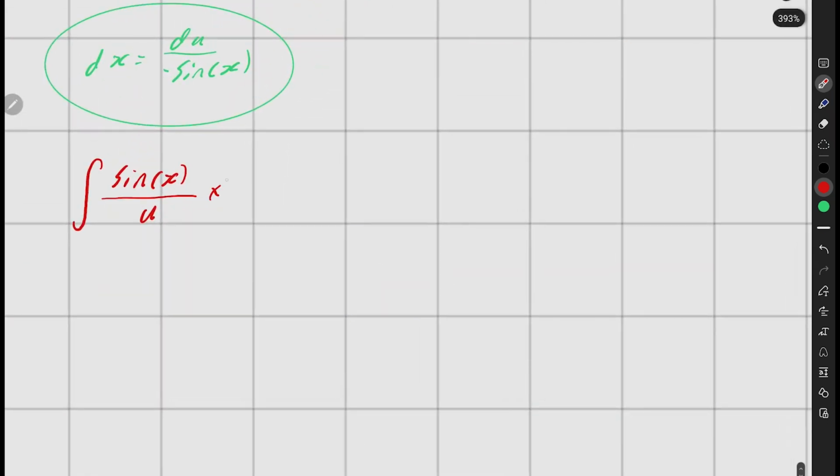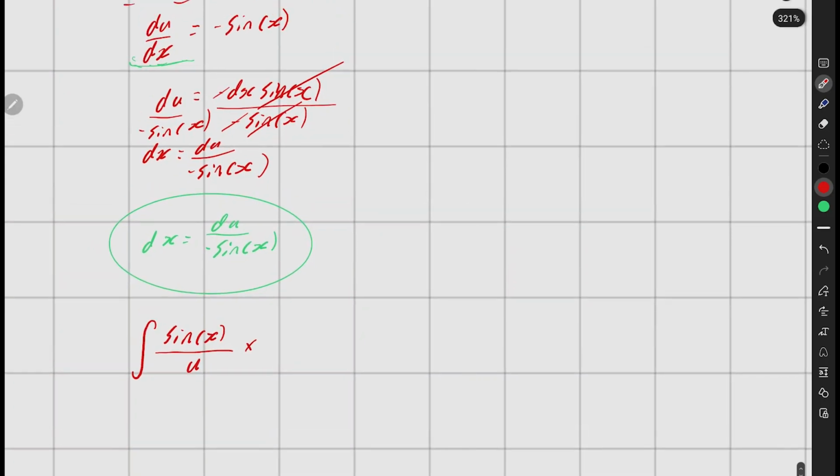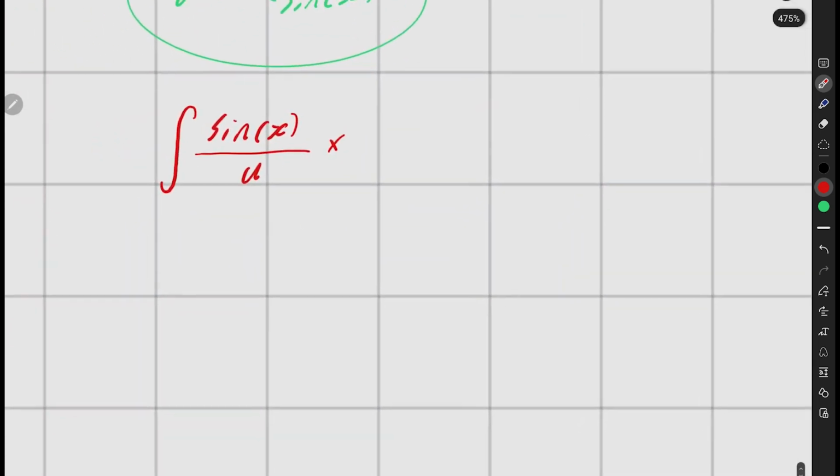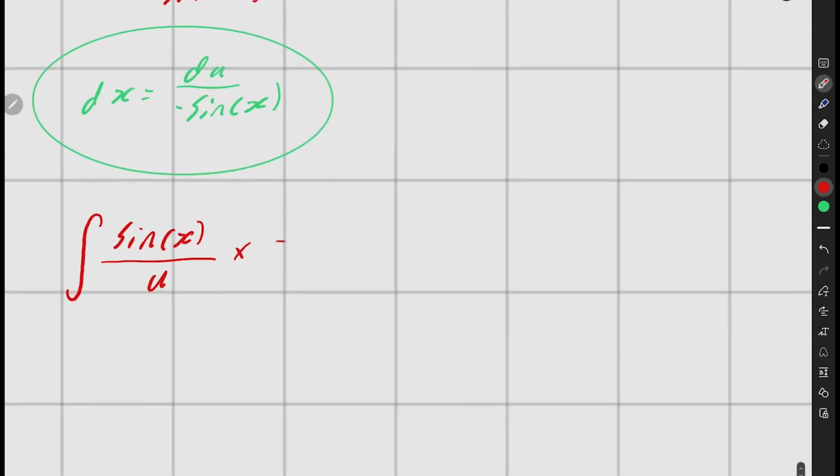And we've solved for dx, so we're going to be multiplying this fraction by dx, because we know what dx is equal to now by using U-Substitution. So we're going to be multiplying it by negative du over sine of x.